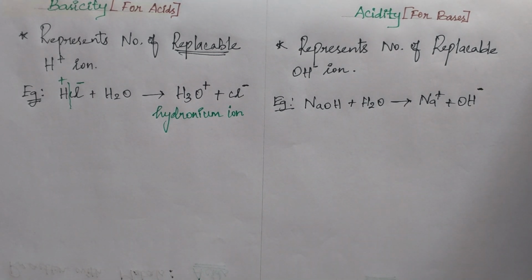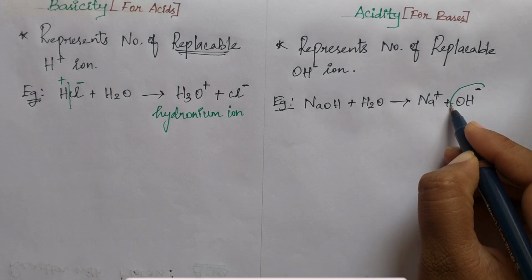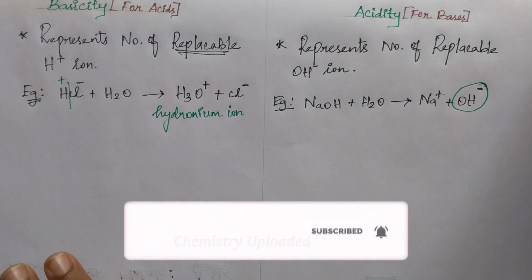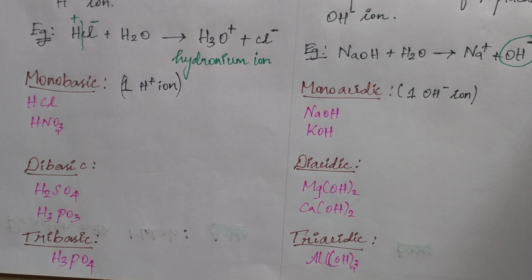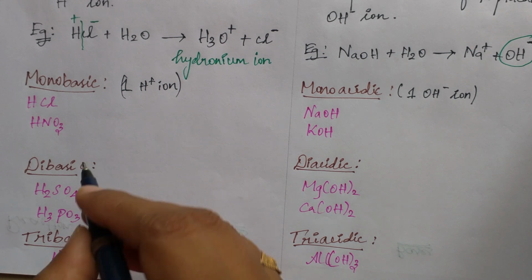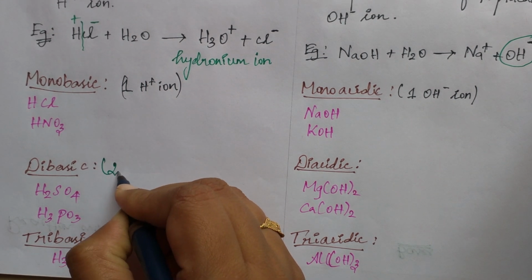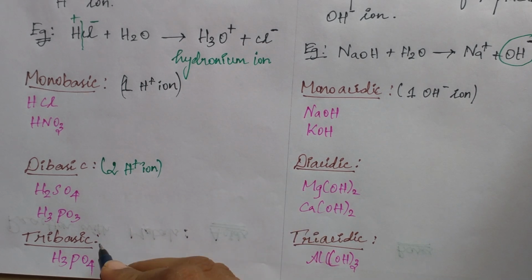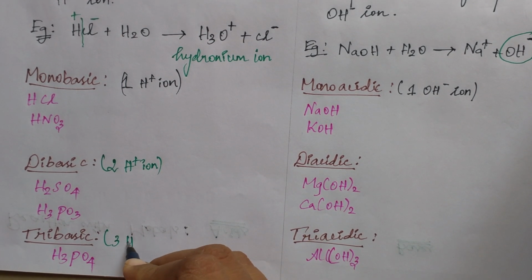So this is the acidity: it gives the number of replaceable hydrogen or OH minus ions. Monobasic means that when dissolved in water it gives one H plus; mono means one. Di means it gives 2 H plus ions when dissolved in water. Tri means 3 H plus ions.